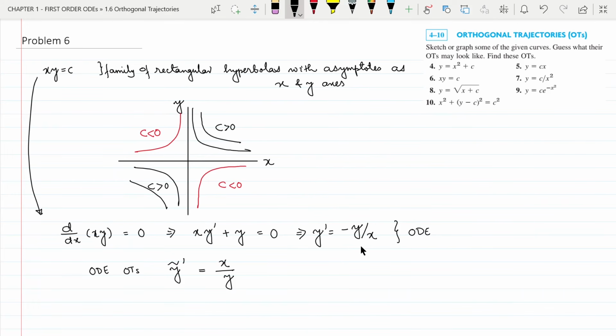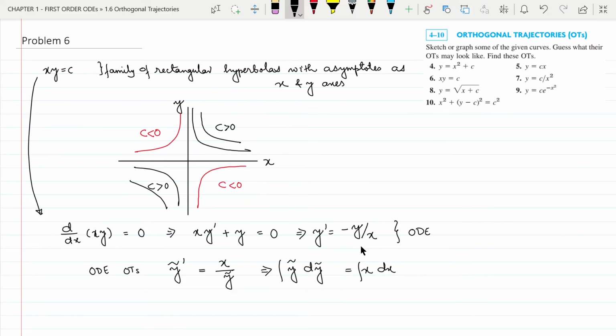And now this is the ODE of the orthogonal trajectories, and we can solve this ODE to obtain the general solution, which will be the equation for the family of the orthogonal trajectories. So we can write y tilde dy tilde will be equal to x dx.